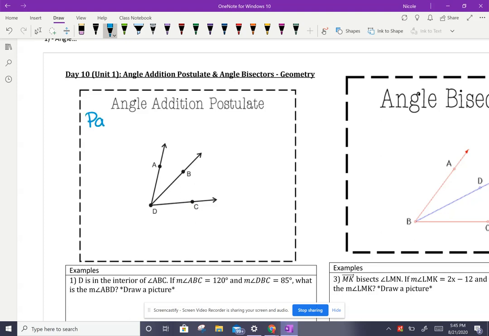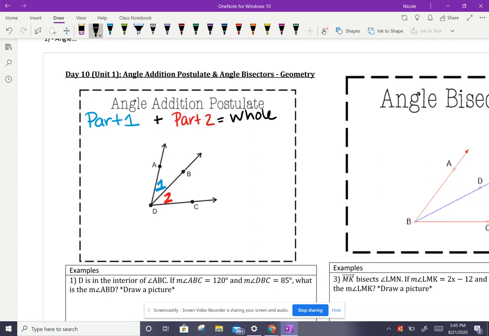Part 1, which I'm going to name angle 1, plus part 2, which is this other little angle, is going to equal the whole thing, the whole big angle, the whole enchilada.